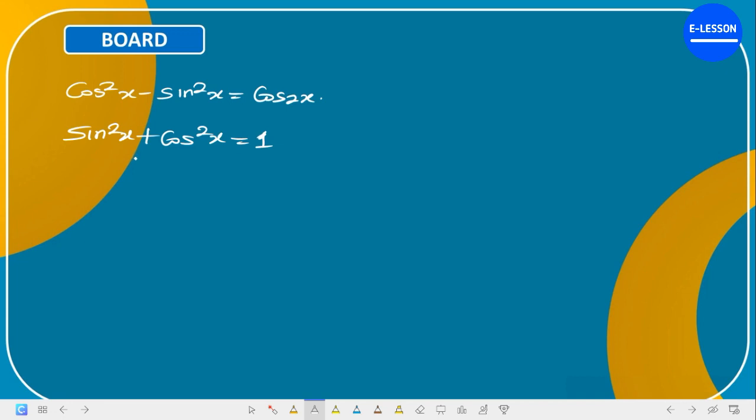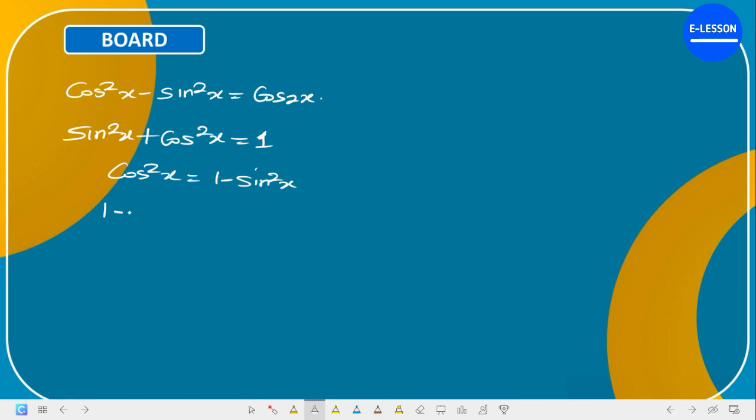If it's equal to 1, then we can make cos square s the subject of the formula. So cos square s will be equal to what? 1 minus sine square s. So in place of cos square s, we can put 1 minus sine square s, right?